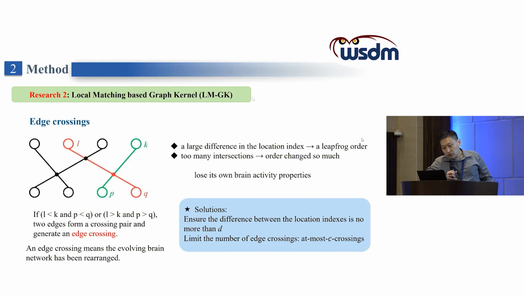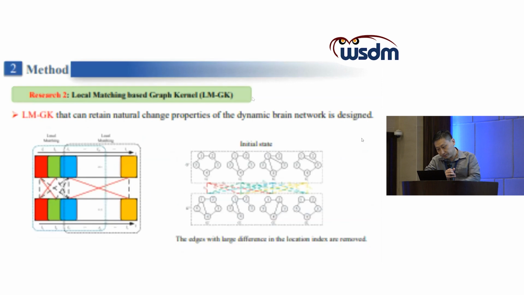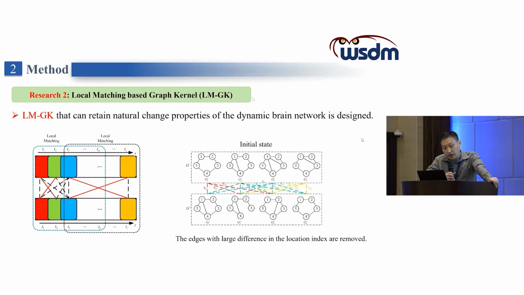So we combine these two together to ensure that the difference between location indices is no more than D, and this D becomes one of the parameters in our model, and we limit the number of edge crossings to at most C crossings. So this becomes a constraint. So LMGK, although there are some edge intersections, largely speaking, can retain the natural changes property of the dynamic brain network, with some local arrangements.